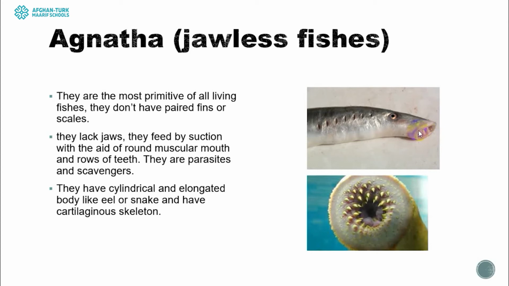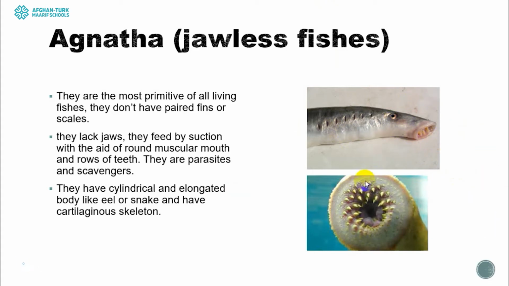As you can see the structure of that fish, these fish are lacking jaws. Instead they got a muscular mouth and a row of teeth inside that muscular mouth. About their body structure, we can say that they are primitive fish. They do not have fins and scales, and they do not have jaws either.